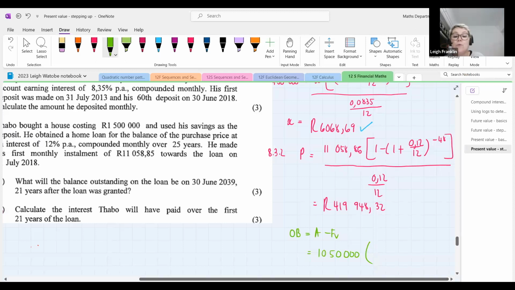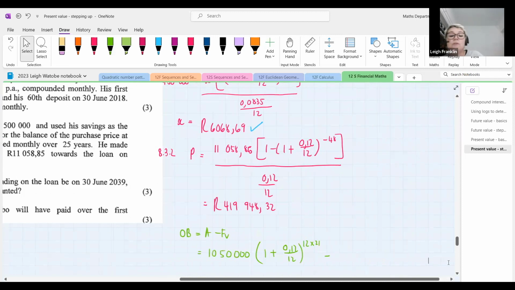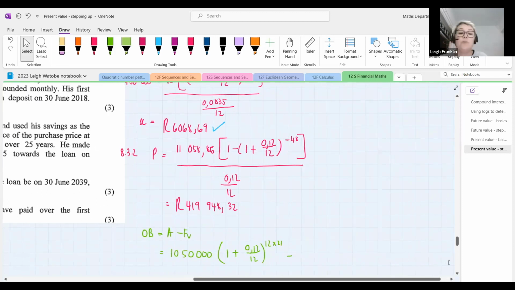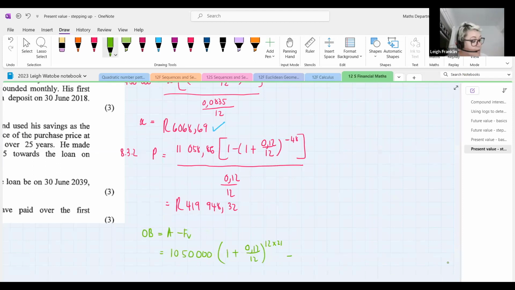All right. 1 plus, and then it would be our interest rate. Okay, and now he has paid 12 months a year for 21 years. So this would be 12 times 21 would be our exponent. Okay, this is actually a much longer way of doing things. Why we would actually want to do it this way for this particular question, I don't know, but anyway, if we did, we would still get our marks.